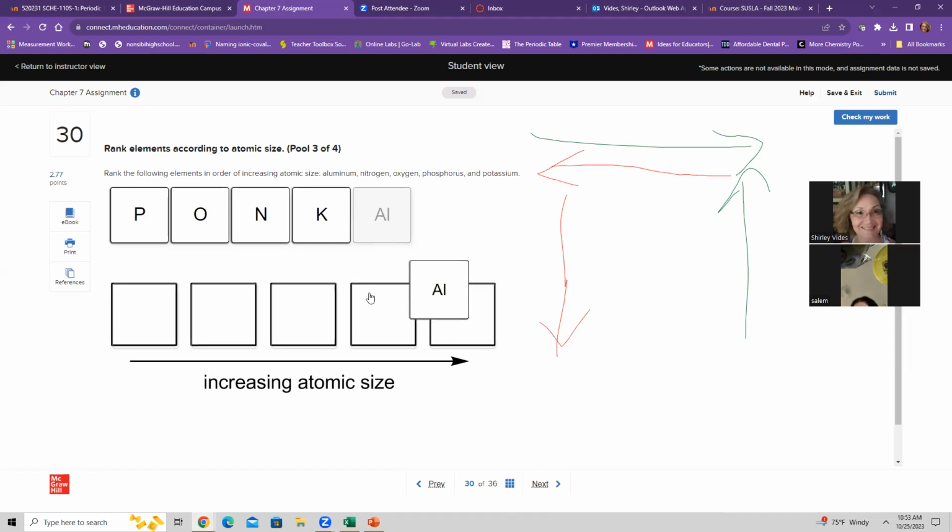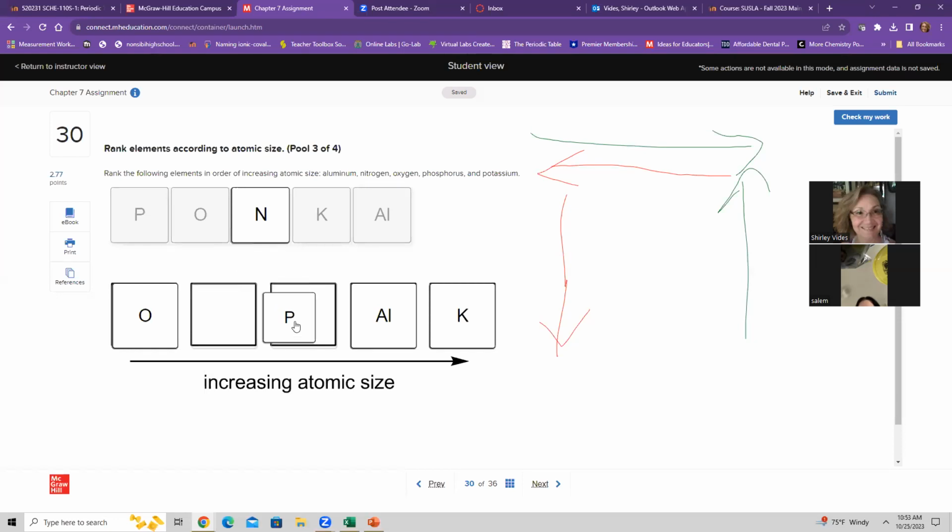Yes, because I'm reading again. Potassium, aluminum. And then before aluminum is I guess phosphorus. Is that what I'm thinking? Oxygen would be the largest. Phosphorus is where you were trying to put oxygen, and then it's nitrogen, and then above, and then over.